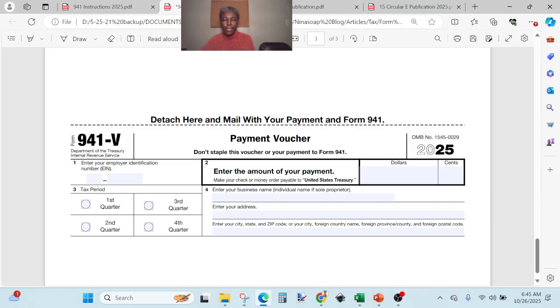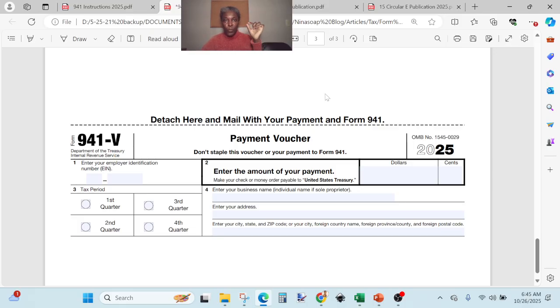But again, if there is money on line 14, then that is when you are going to put your business EIN, the amount on line 14 that you are going to pay, your business name, address, and which quarter. And in this instance, it is going to be quarter 3. And this voucher, when you print those 3 pages out, you will cut this voucher out.